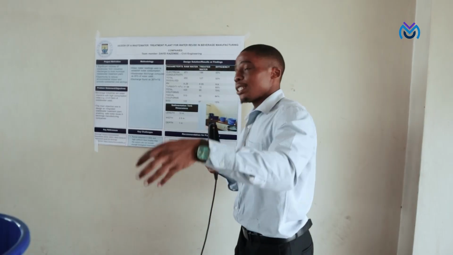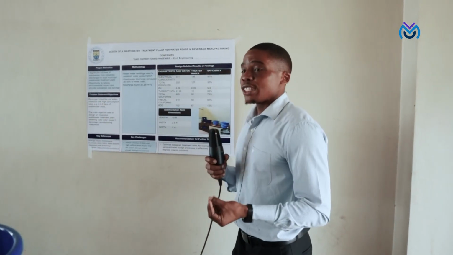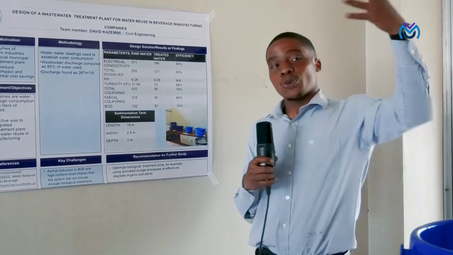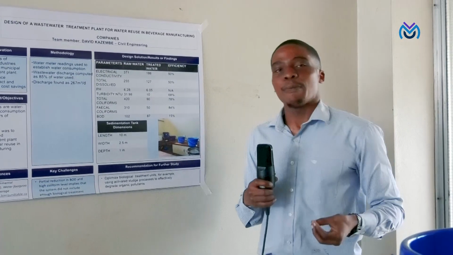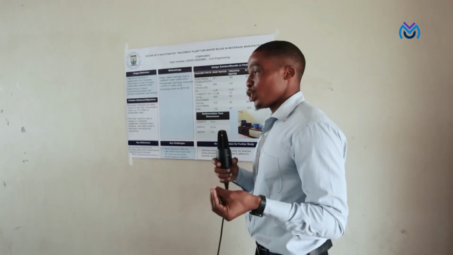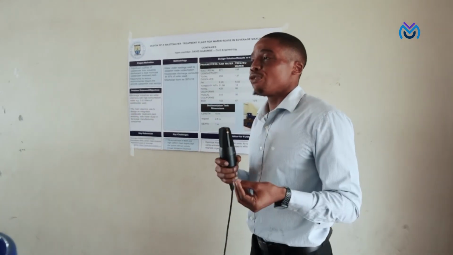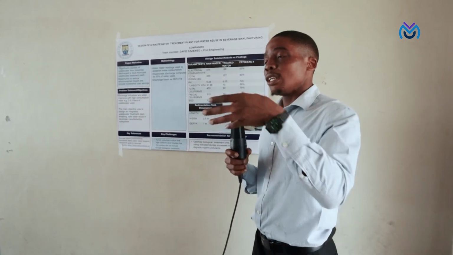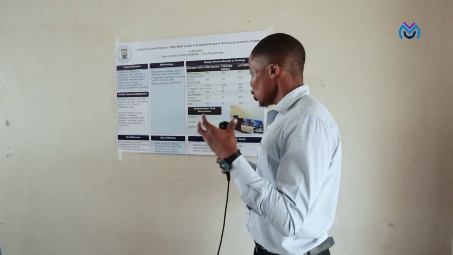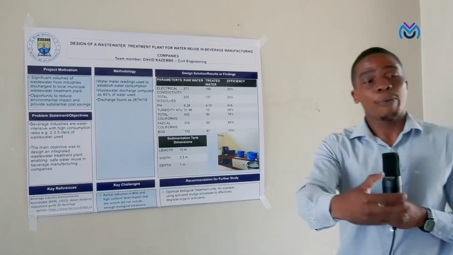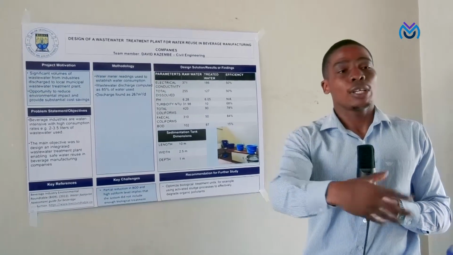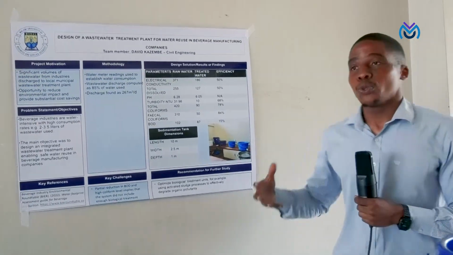So once the water passes in there, a lot of the sediments are trapped, and as it goes to the next filtration unit, the same happens. The final one is the sand filtration, which further absorbs some of the sediments that have been found in the wastewater.